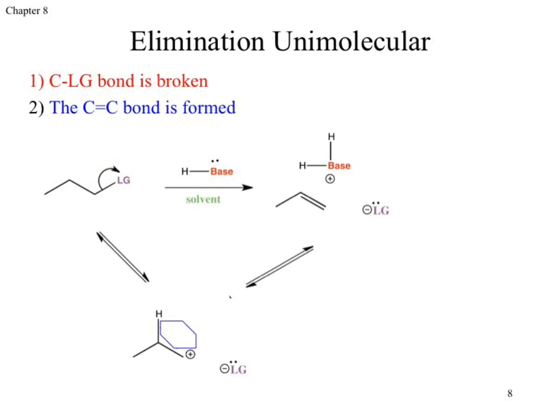Okay, now what has to happen? We're going to look for a source of electrons. We don't have a source of electrons outside the structure, no nucleophile, which means we have to find that electron source somewhere within the structure.